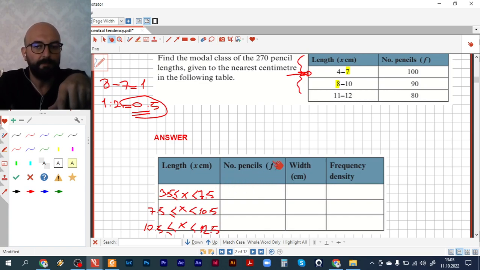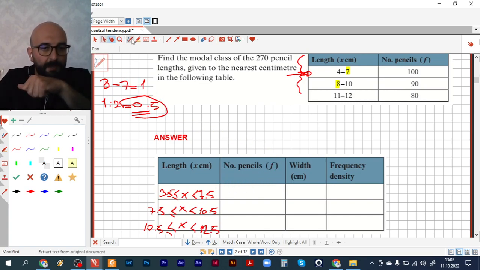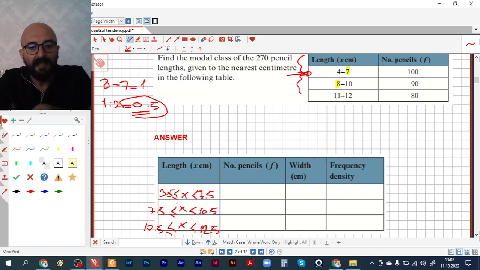And the number of pencils is also the same. In the first group, we have 100 pencils. The second group, we have 90 pencils and 80 pencils.